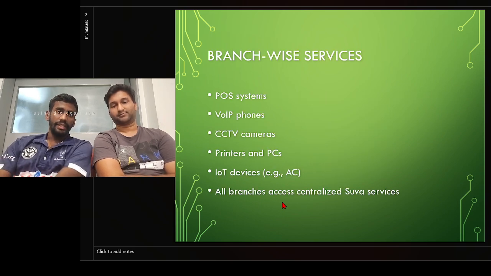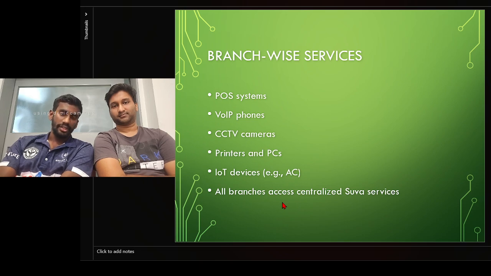Branch-wise services, point of sale systems. Each branch has point of sale systems which help to carry out transactions, and this system is connected centrally to the server room, which has its own dedicated server for point of sale systems.